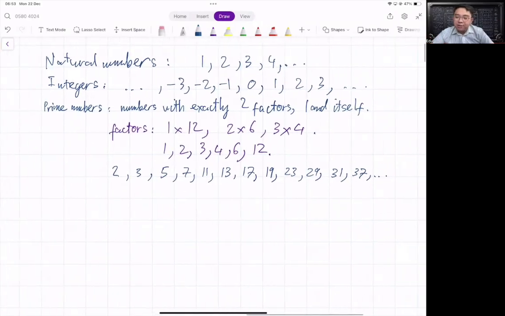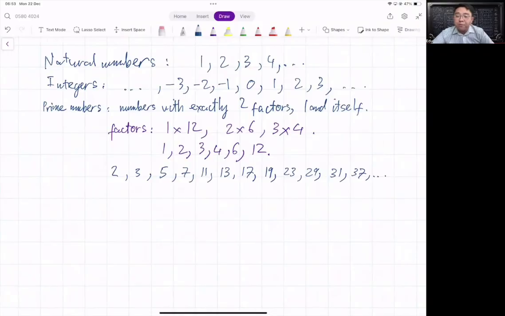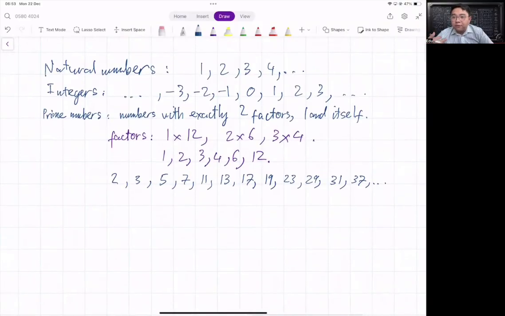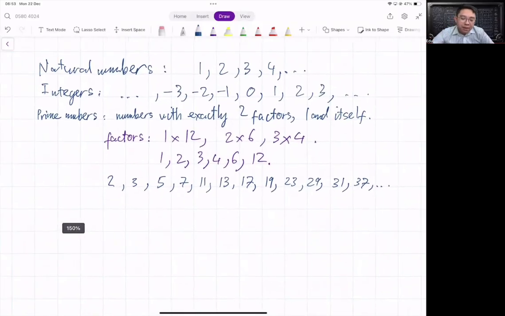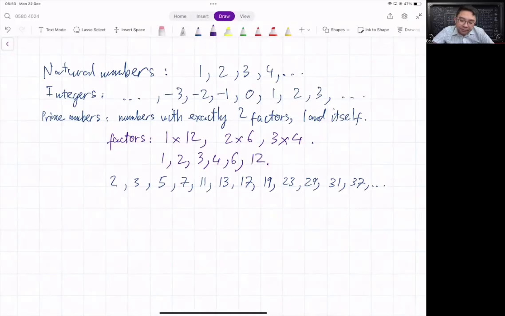Why do mathematicians concern themselves with prime numbers so much? It has a lot of applications, all right. One of them being RSA encryption. Even your identification card, your ID numbers, rely on the concept of prime numbers.